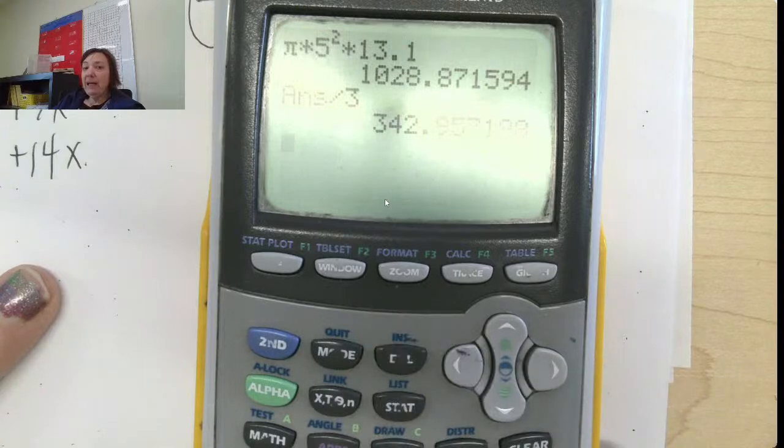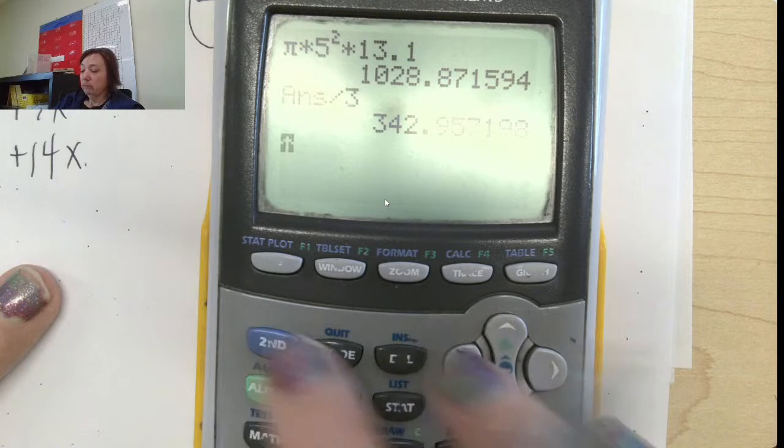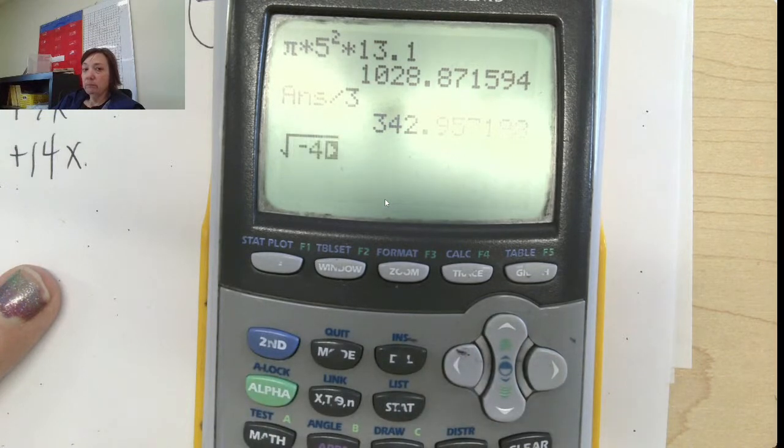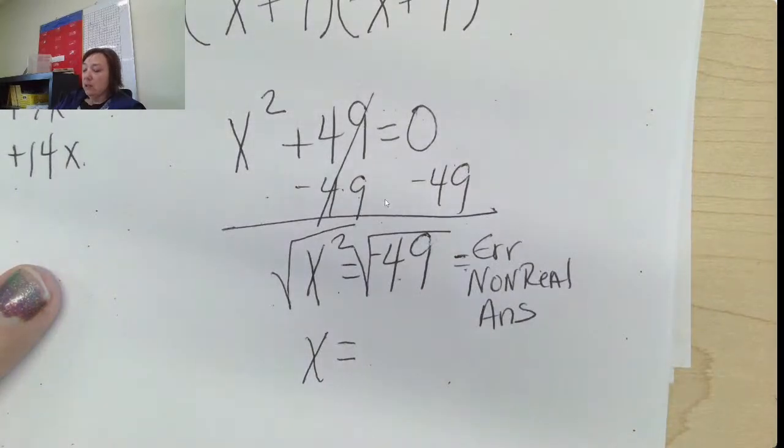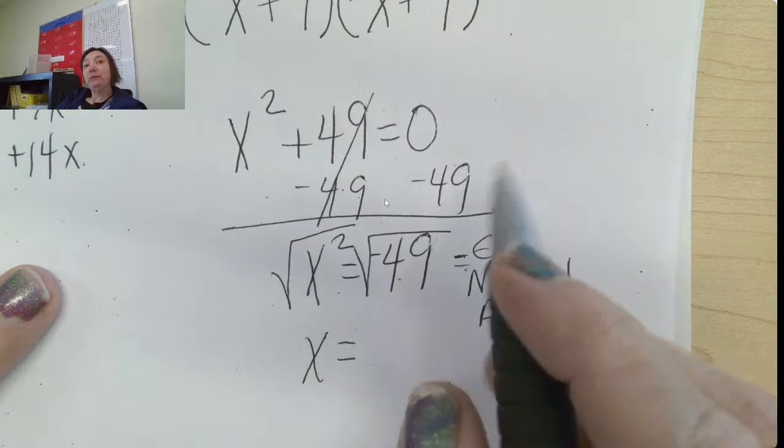Okay? Now take the square root of negative 49. 7i. You get an answer, 7i. Now let's talk about what that means. So, how do you get it? I'm fixing to explain.